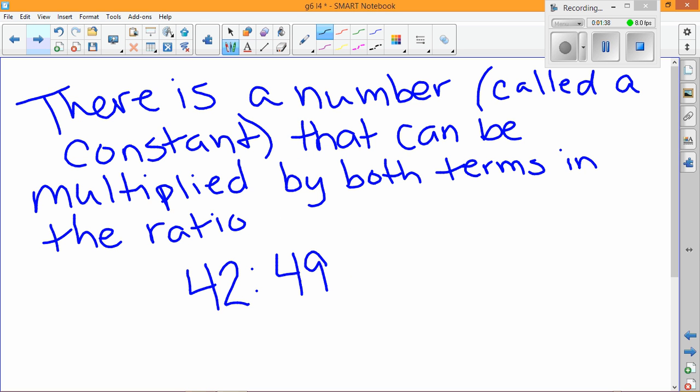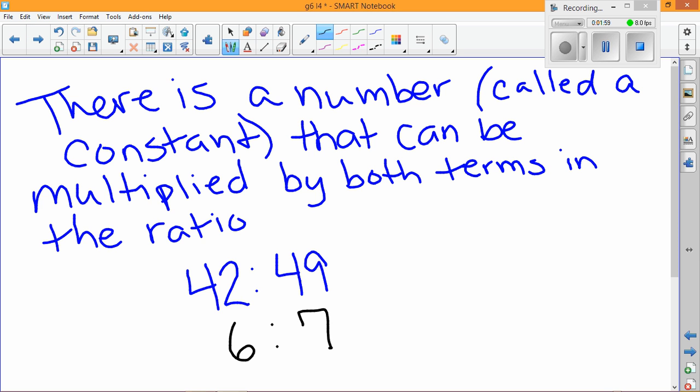Numerically, we can say that ratios are equivalent if there's a number, which is called a constant, that can be multiplied by both terms in the ratio to give you the other ratio. So for example, is 42 to 49 the same as 6 to 7?